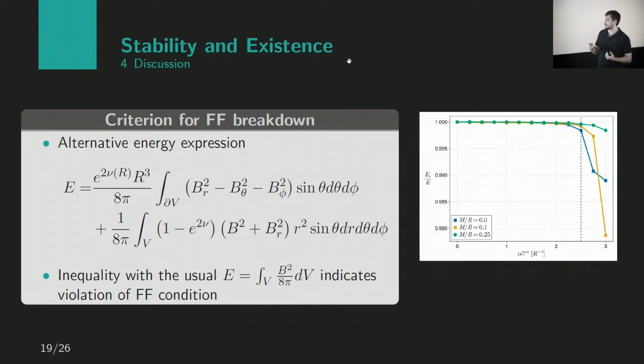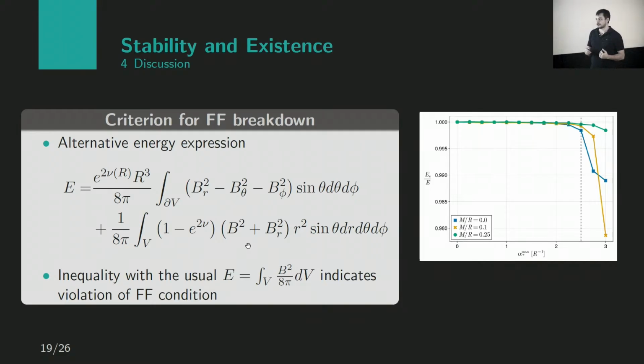So one way to determine if your solution satisfies the force-free criterion or not is to use this alternative definition of the energy in the case of force-free fields. This can be found in the literature. Compare this alternative definition with the usual definition of the magnetic energy.